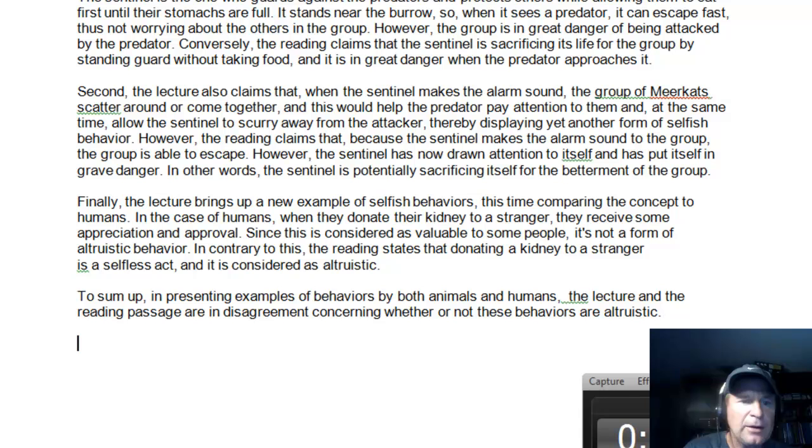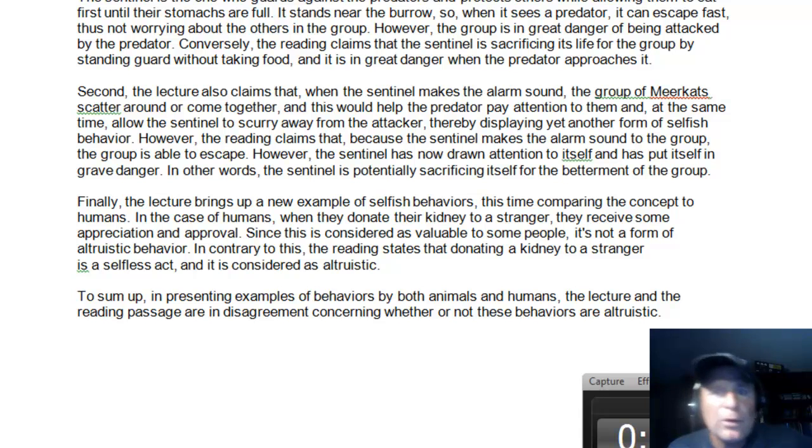And remember, I'm trying not to repeat exactly what I said in the conclusion. To sum up, in presenting examples of behaviors by both animals and humans, the lecture and the reading passage are in disagreement concerning whether or not these behaviors are altruistic. And that pretty much states what's going on in this passage. You see what I'm saying?